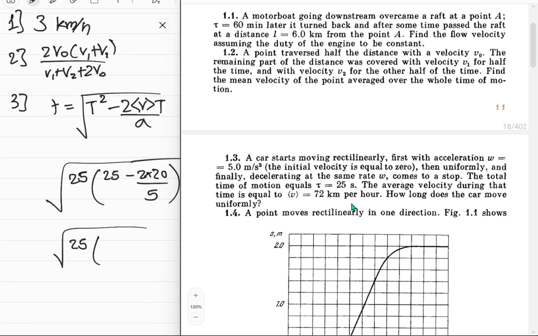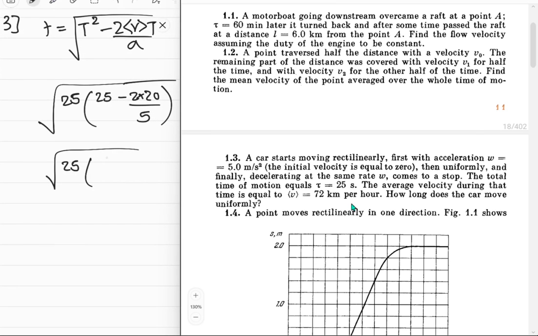That's why it works. 25, then 25 minus this. So 25 minus 8, I think, 4 times 2 is 8. So 25 minus 8 is just 17. That's weird. Is this how it's supposed to be? Oh, this is not nice. So 5 square root 17.